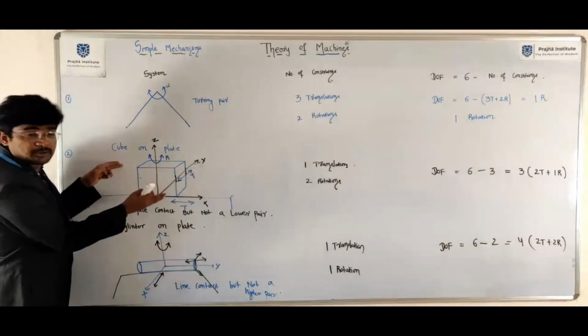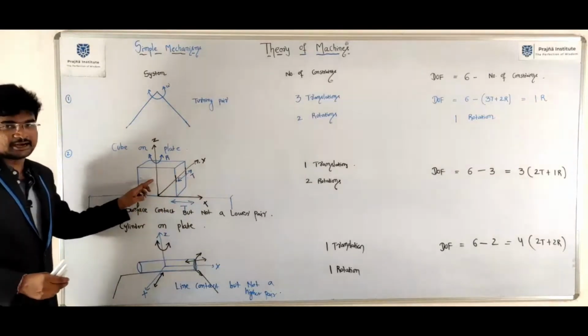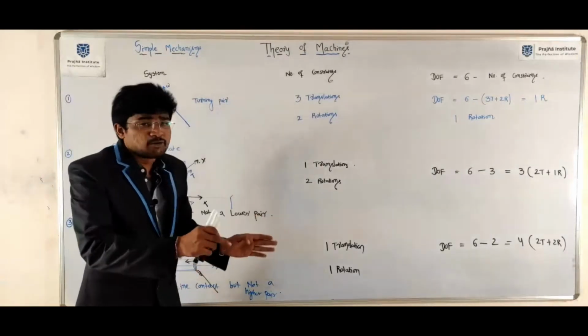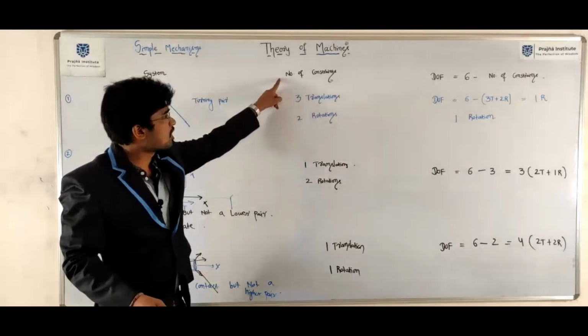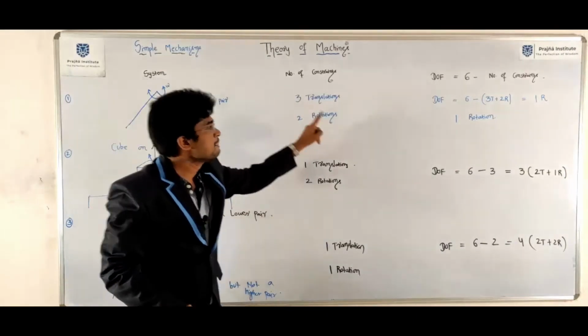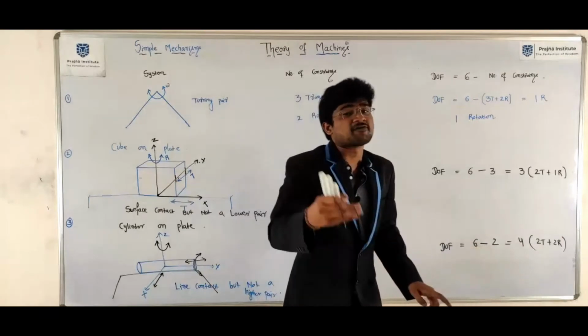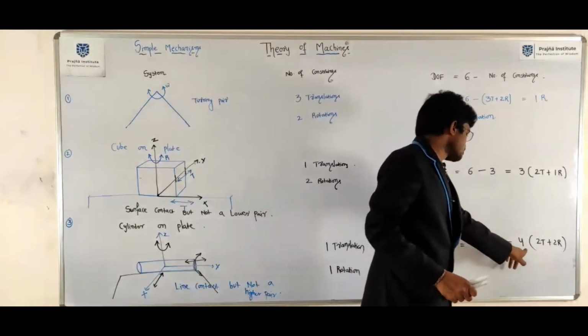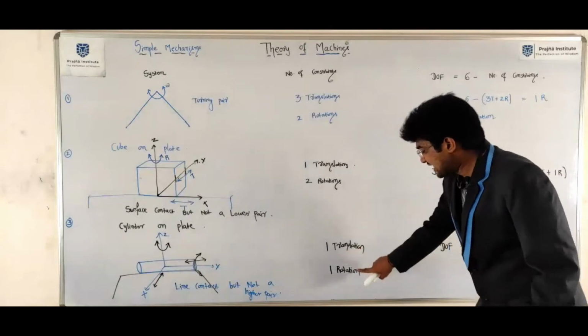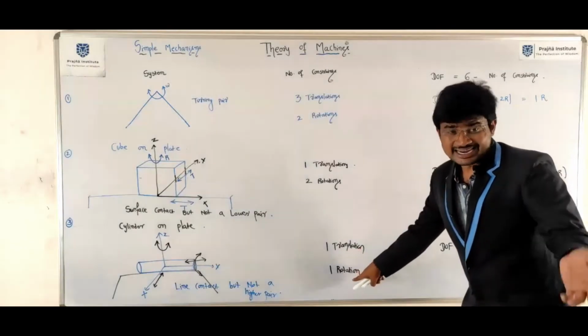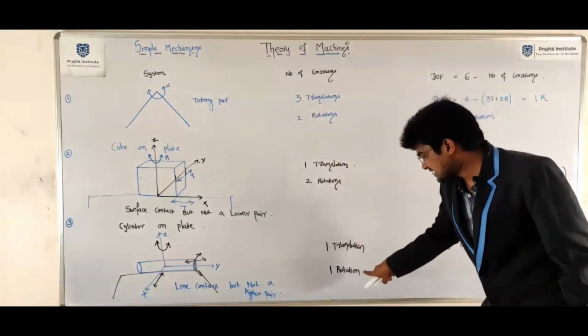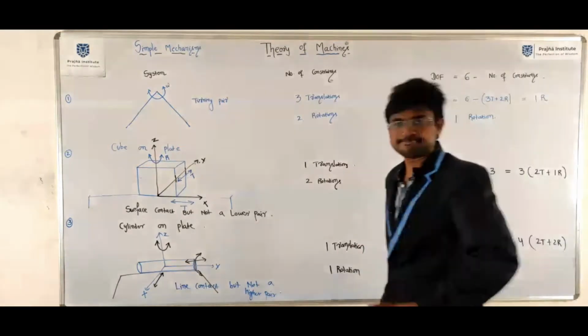The motions possible are 6 minus the number of constraints, so 6 minus 2. One translation and one rotation restricted means two translations and two rotations are possible. That's it.